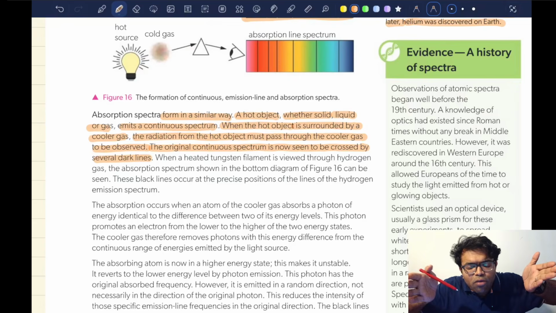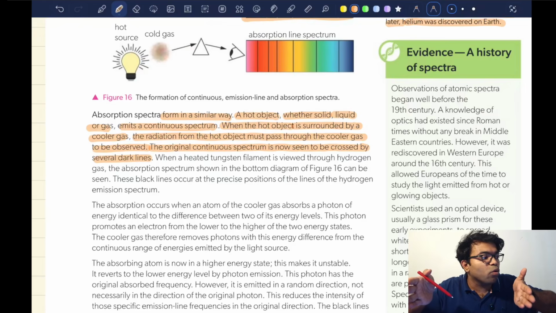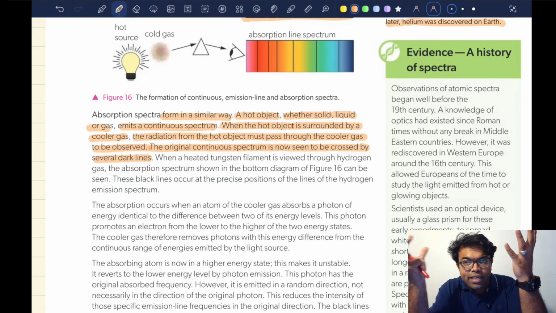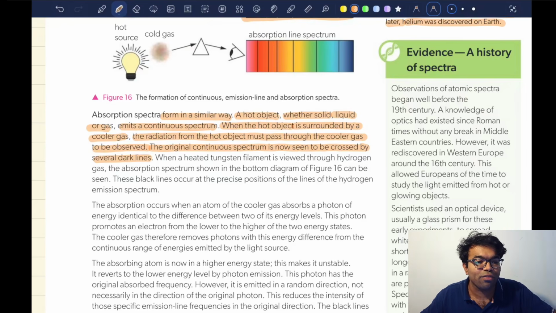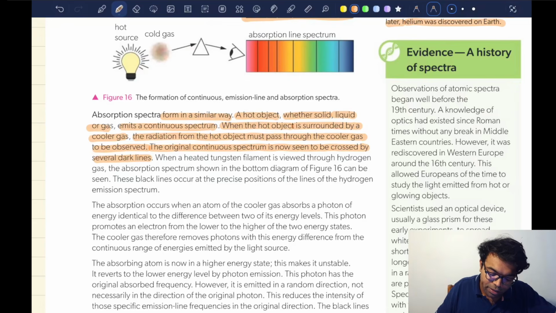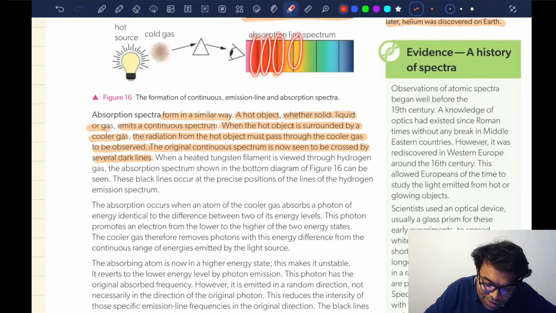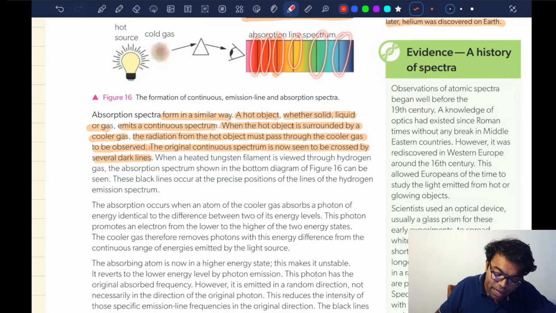This continuous spectrum is going through a gas, and the gas selectively absorbs certain frequencies of light from that continuous spectrum, thus resulting in the formation of dark bands. Okay, these dark lines that you observe here, these are the ones that I'm talking about. These are all dark bands.